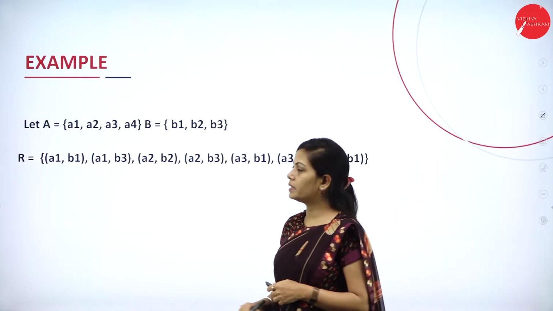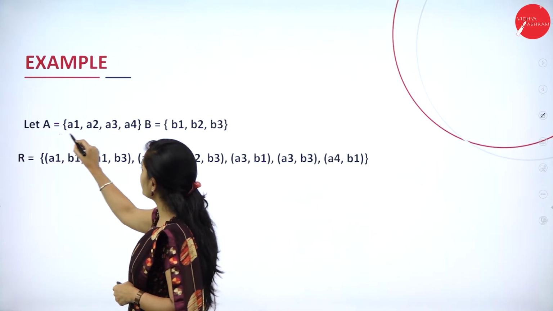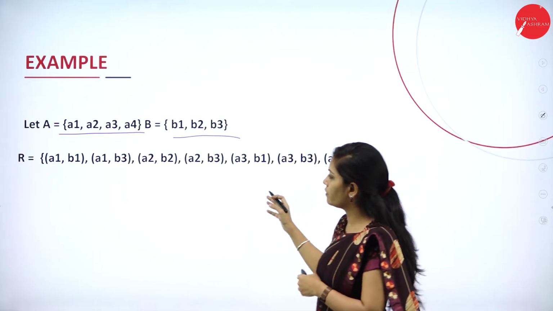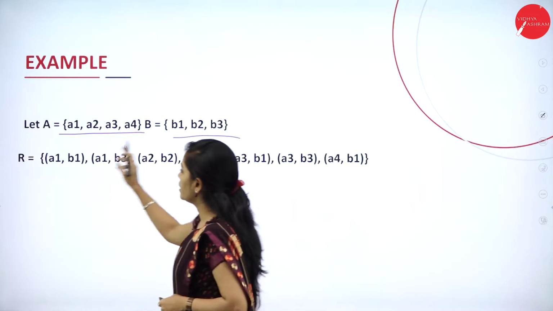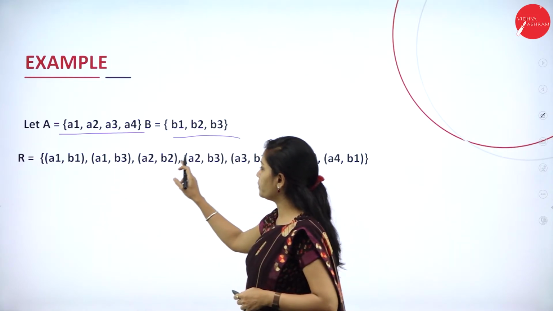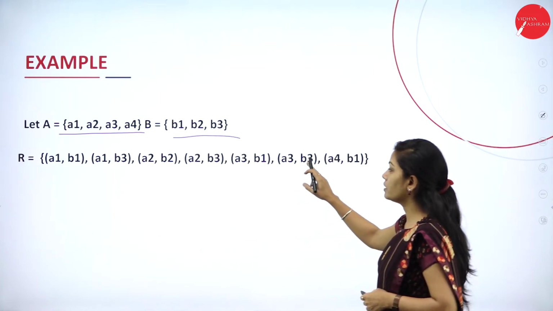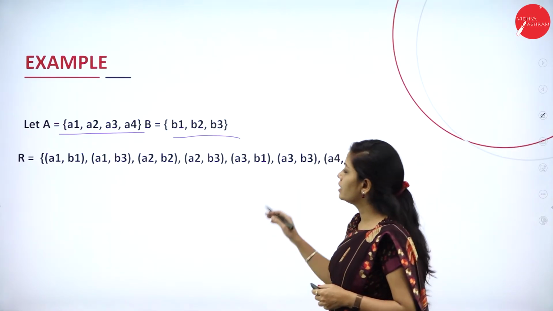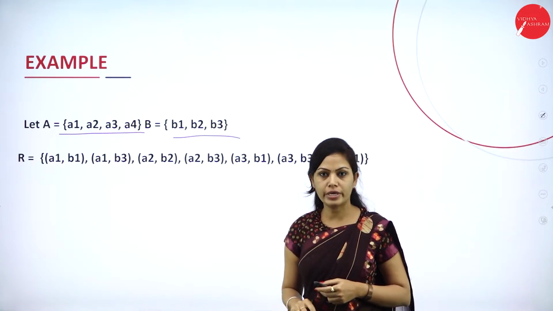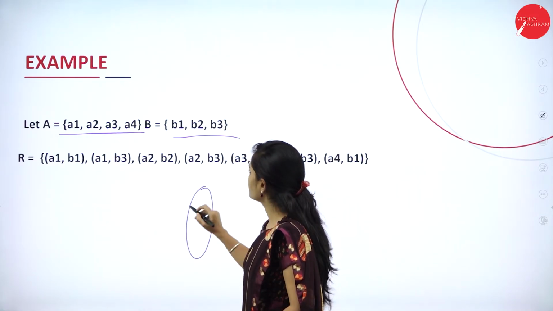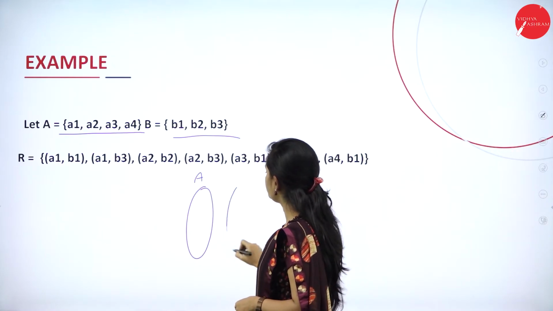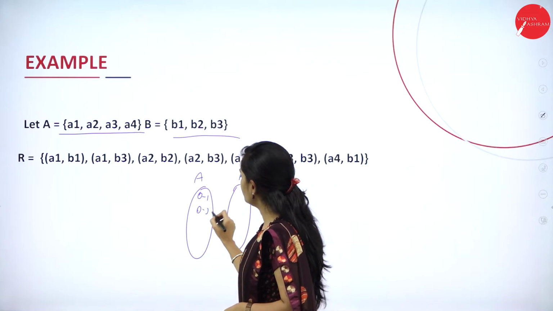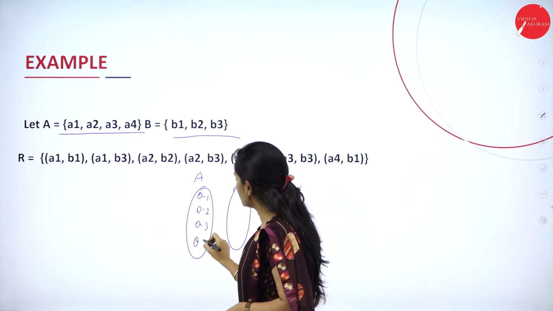And the next example, let A is equal to {A1, A2, A3, A4}, B is equal to {B1, B2, B3}. They have given the relation of A and B: A1, B1, A1, B3, A2, B2, A2, B3, A3, B1, A3, B3 and A4, B1. Here we have to represent the relation using arrow diagram. In set A, I have elements A1, A2, A3, A4.